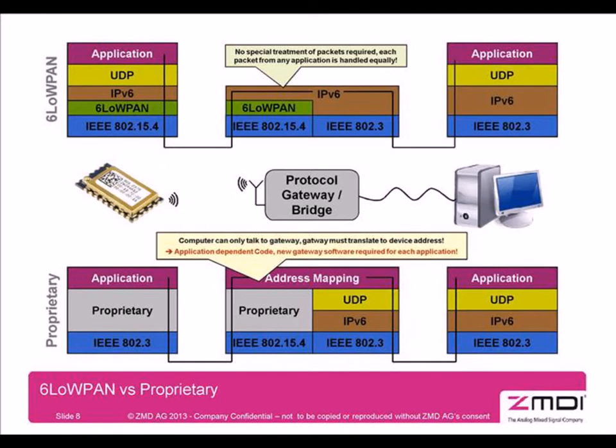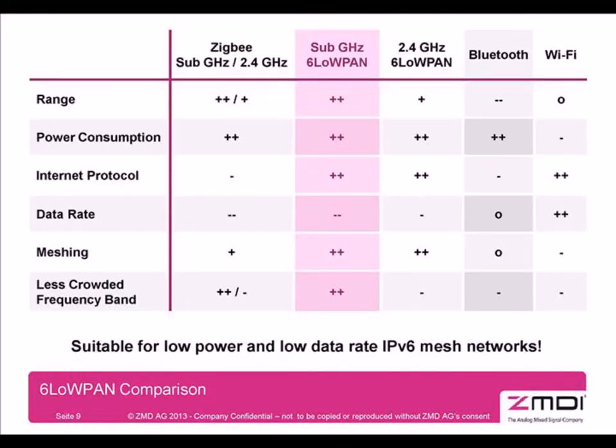Also, the WPAN standard is designed for low power consumption. And with 6LoWPAN we have Internet protocol, but the only disadvantage is a really low data rate. So all these protocols are developed for low data rate networks like sensor networks or networks with controlling applications.